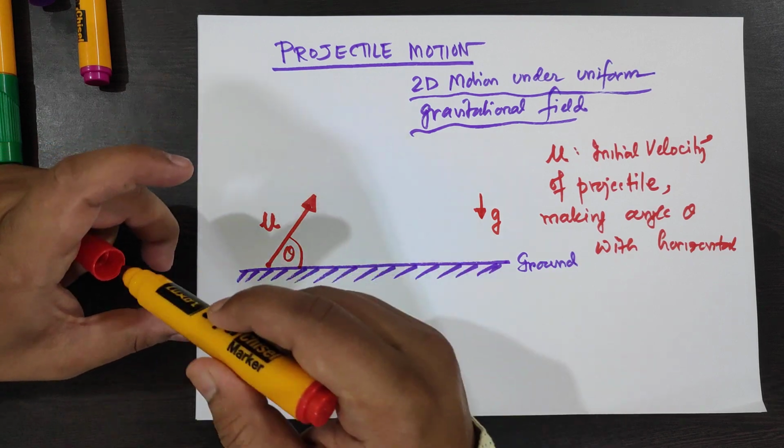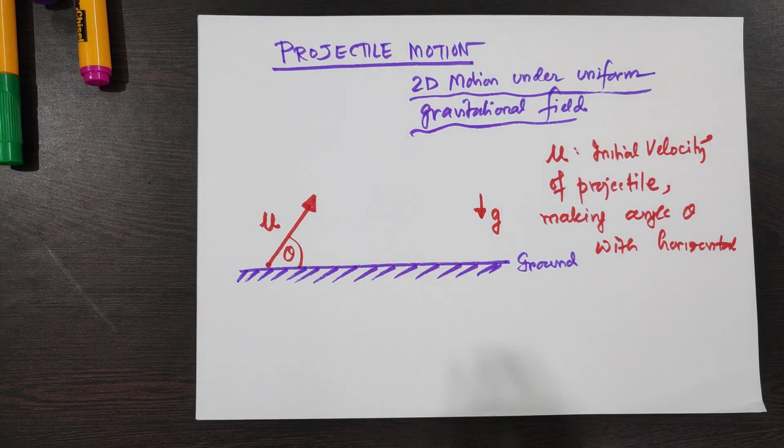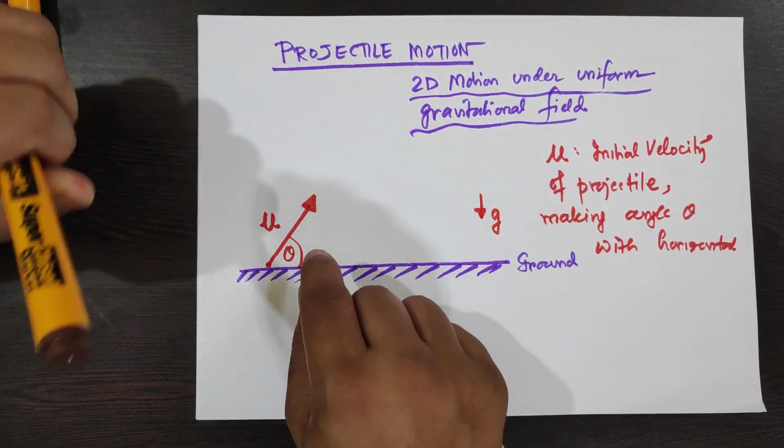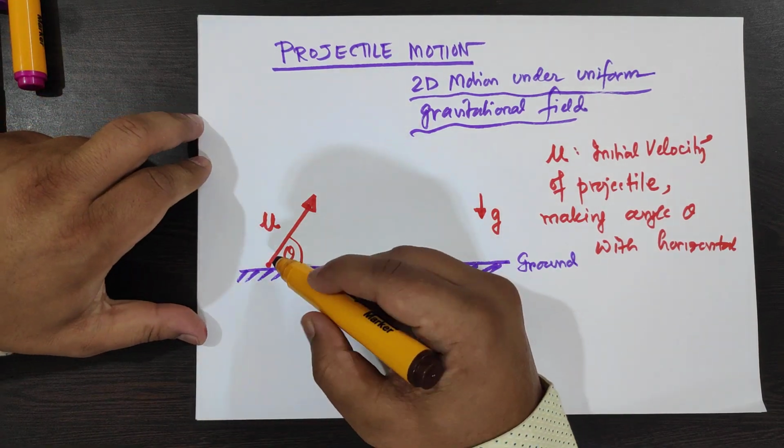So here, what will be the path of the projectile? All of us know what the path will be. If you throw a stone, then obviously it will follow a curved path.